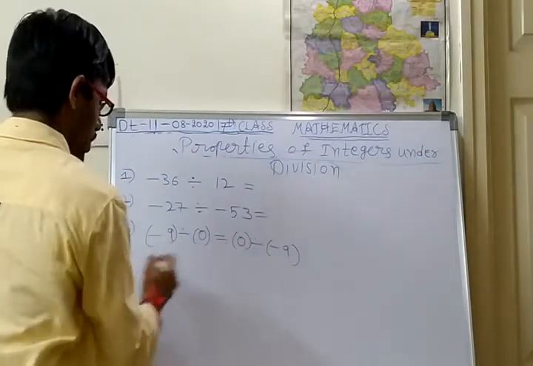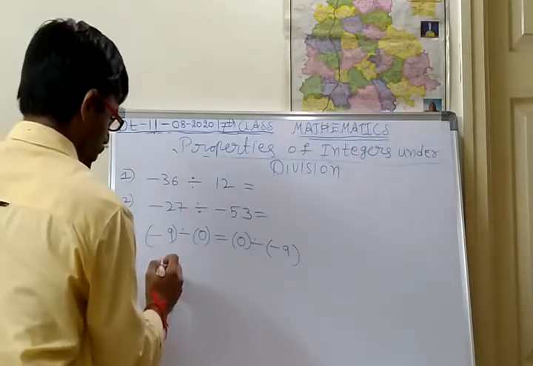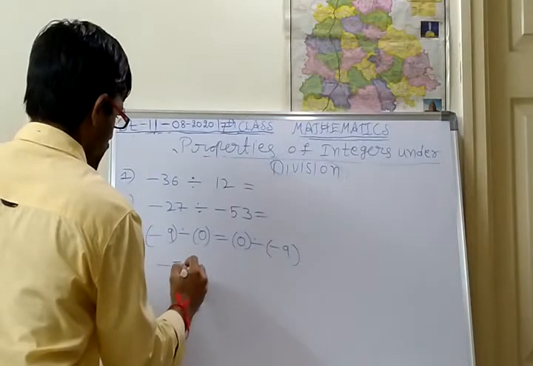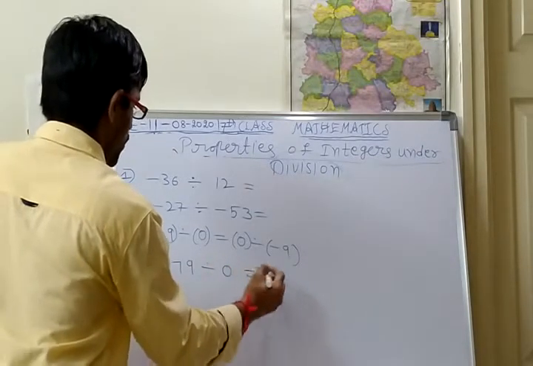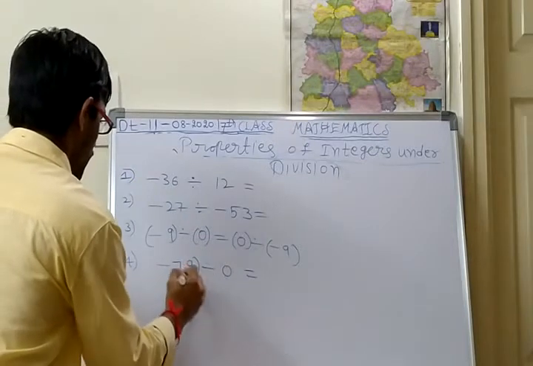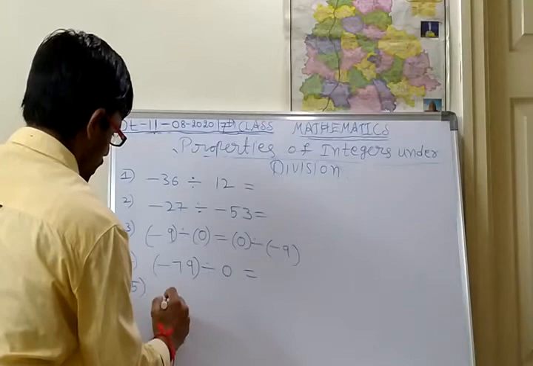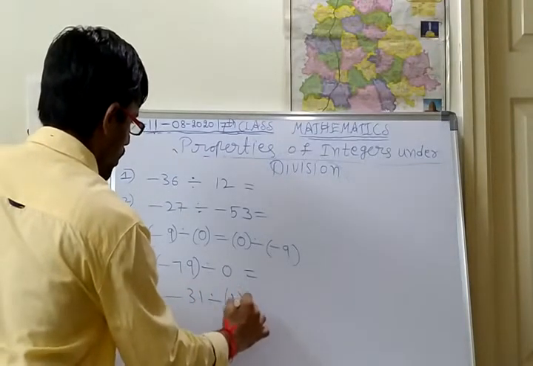We try to solve, whether the two are equal or not. Next, fourth one. Minus 79 divided by 0. Next, fifth one. Minus 31 divided by 1 is equal to.